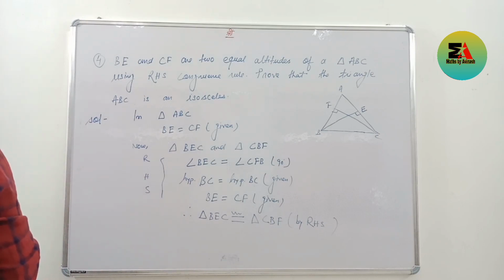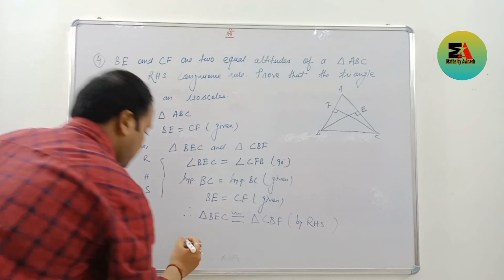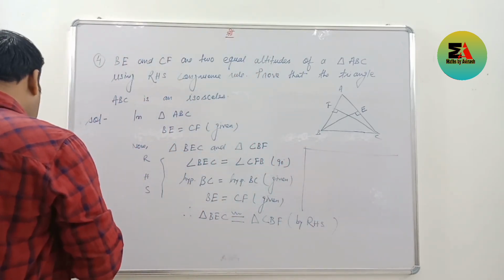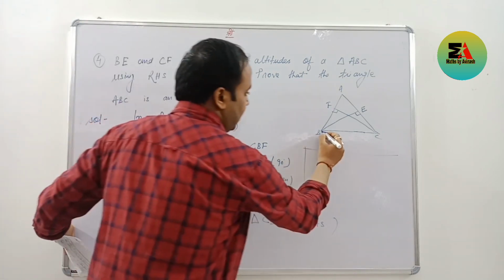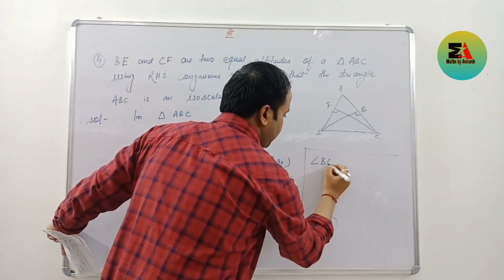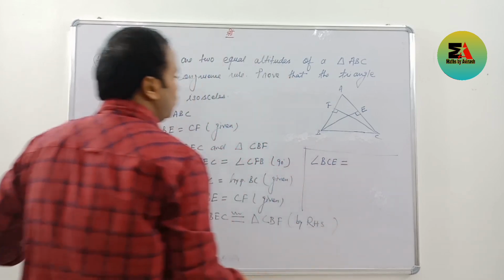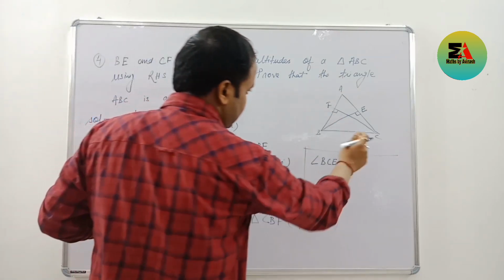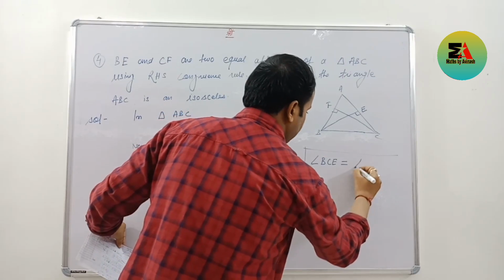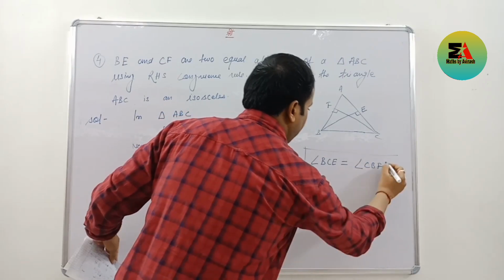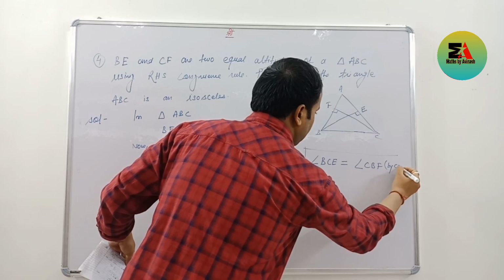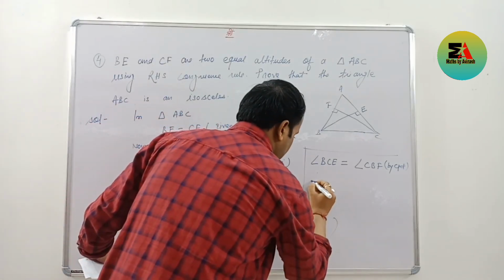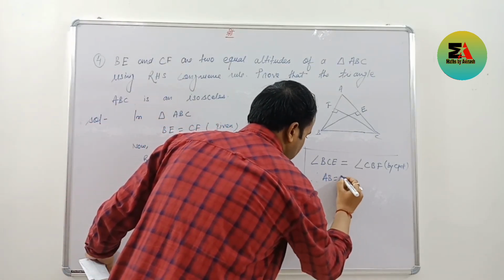When triangles are congruent, then angle BCE is equal to angle CBF by CPCT. We know that when opposite angles are equal, therefore AB equals AC.